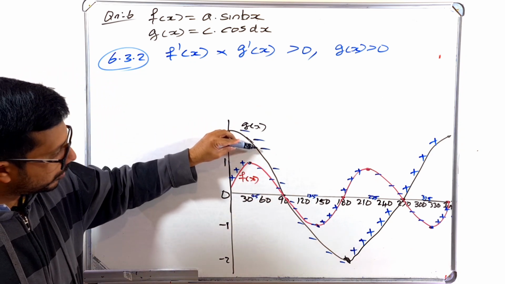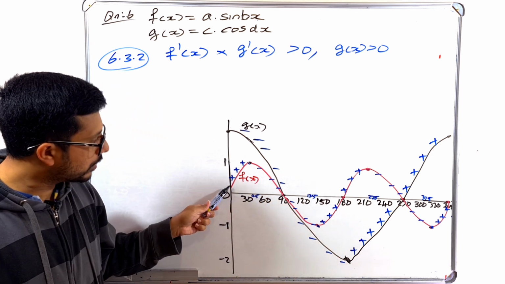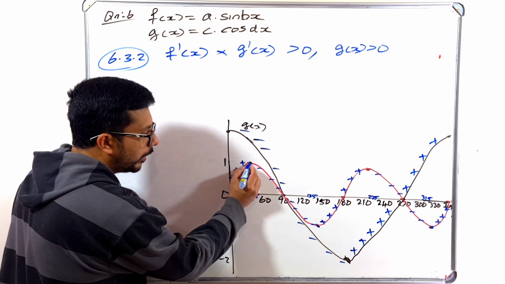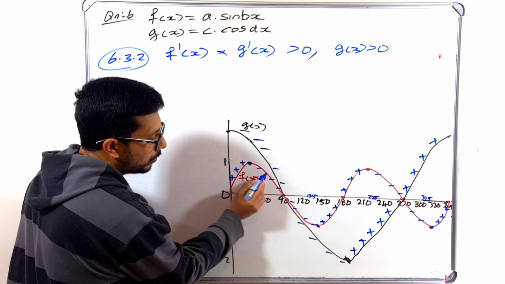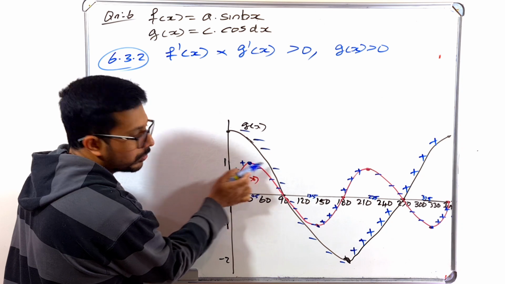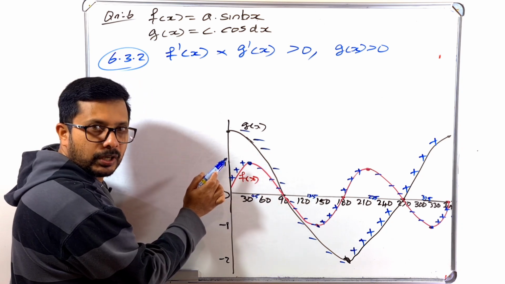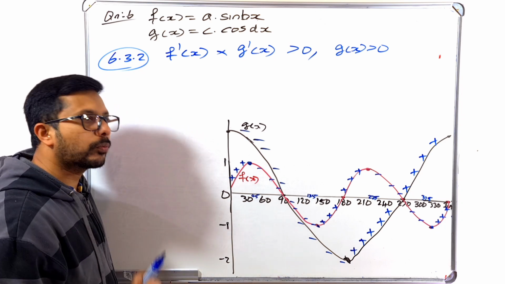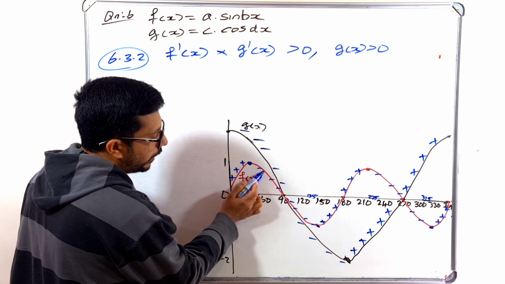This one is negative up to here, and after this point it is negative. So here it is negative, here also negative. Negative times negative is positive, and that is what we want. So you have to check both graphs decreasing or both graphs increasing. Here negative, here negative.